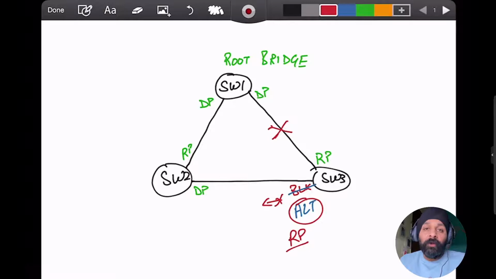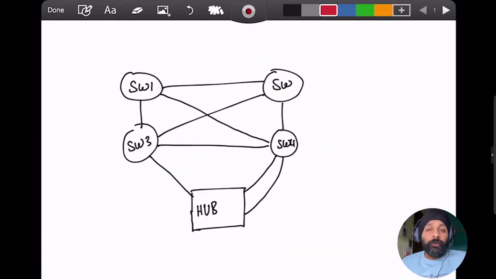But the moment the root port goes down, that is, this port goes down, the switch will automatically switch over from this port being the root port to this port being the root port now. So because this is RSTP, the alternate port is already there, so the backup will come up automatically and immediately. So in RSTP, as you have understood, the alternate port acts as the backup port for the root port. That means if the root port goes down, the alternate port comes up as the root port.